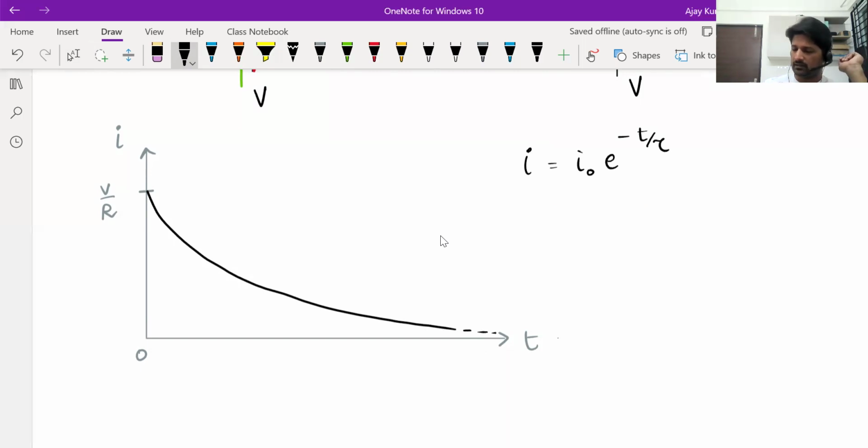Now tell me, at t equal to tau, that means at time equal to one time constant, how much is the current?